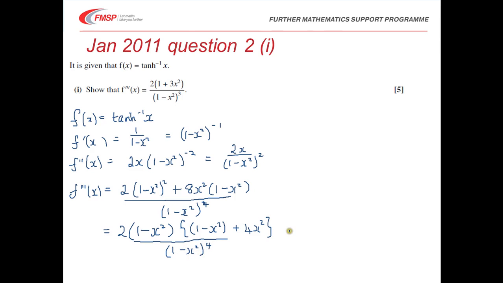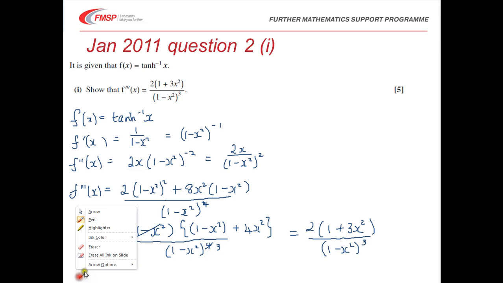If you have a quick look at the top line now, we can see that we can divide through by a factor of 1 minus x squared, top and bottom, and then that will leave us inside these curly brackets 1 plus 3x squared, there's a 2 outside, so we now have our result. That's the result that we were trying to establish.